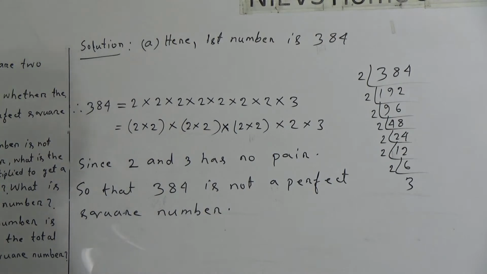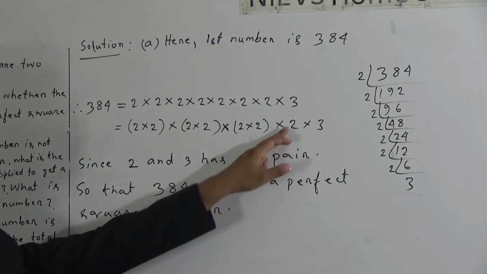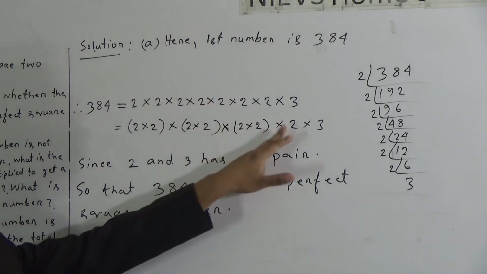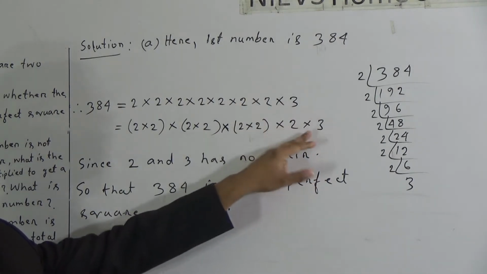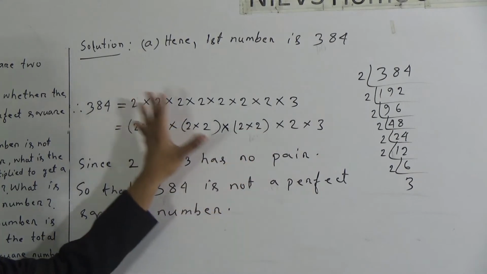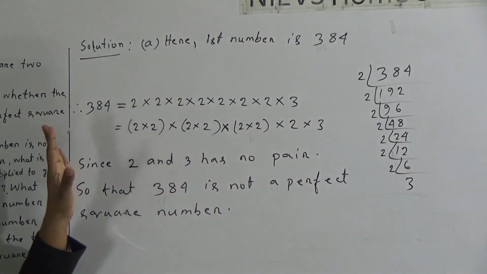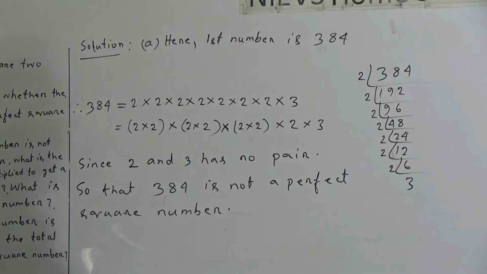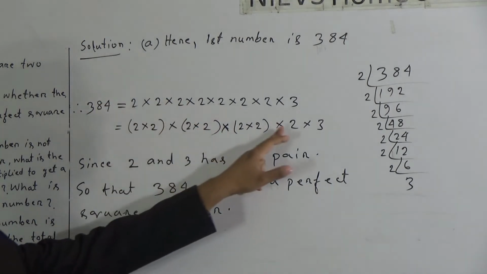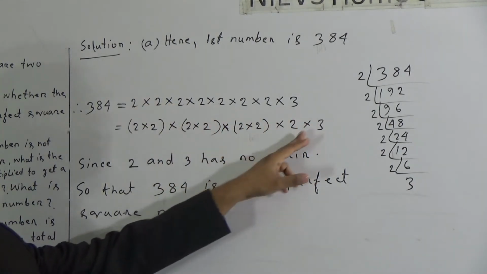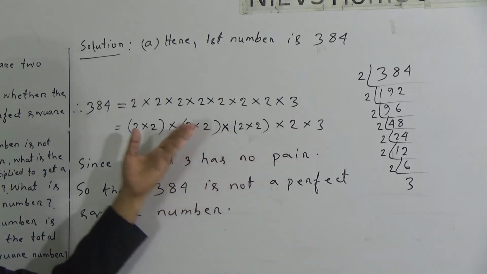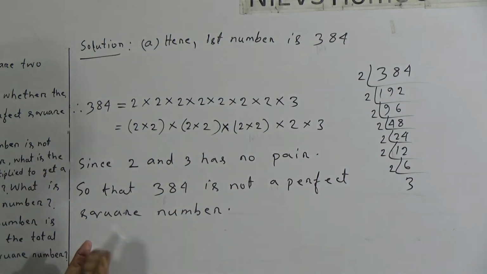Here for getting a pair of 2 we have to multiply this number by 2, and for getting a pair of 3 we have to multiply this number by 3. That means we have to multiply this number by 6 for converting it into a perfect square. Again if we divide this number by 2 and 3, that means if we divide this number by 6, then these 2 and 3 will be removed, then the number will be converted into a perfect square.